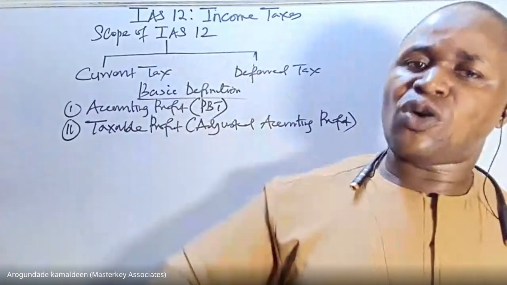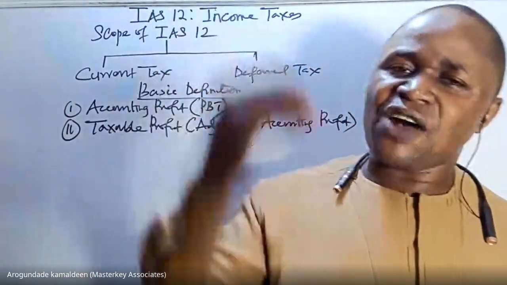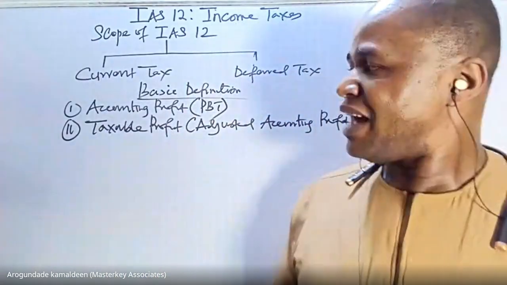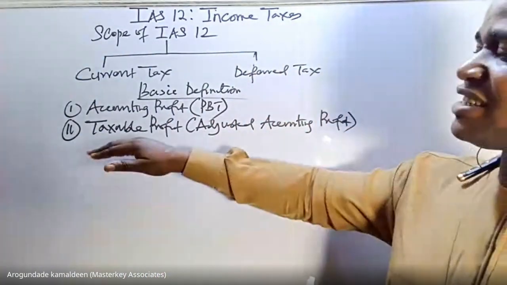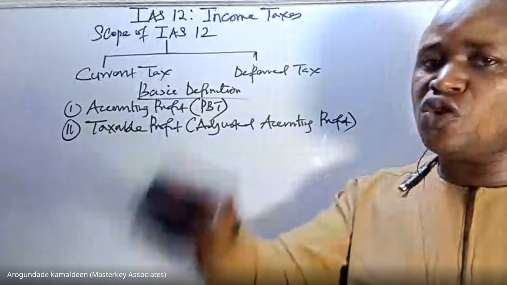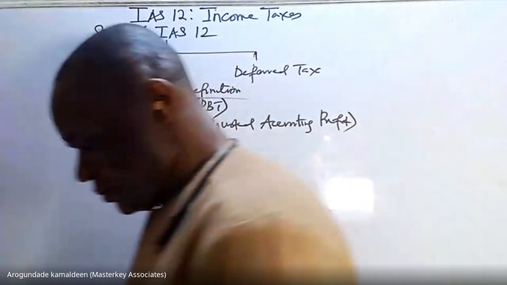Why? The tax authority is going to do some adjustment to the accounting profit that you have presented. Is that clear? And it is based on this taxable profit that the tax authority would determine your actual current tax to pay. Is that clear?